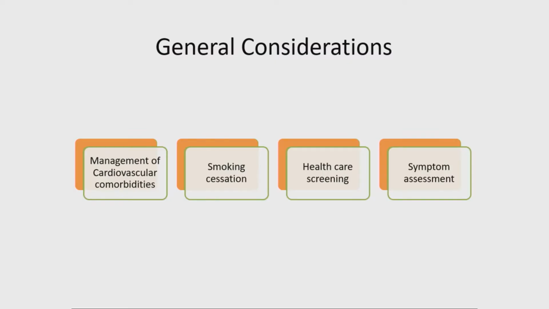I've sort of touched upon this, but I really do like to emphasize it. In addition to deciding based on your mutational status if you need therapy or don't need therapy, specifically to lower your blood counts, there are many other things that should be taken into account when taking care of a patient with an MPN. And that is, like I said, having a good relationship with a primary care doctor and managing cardiovascular comorbidities.